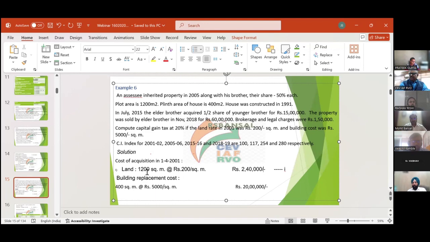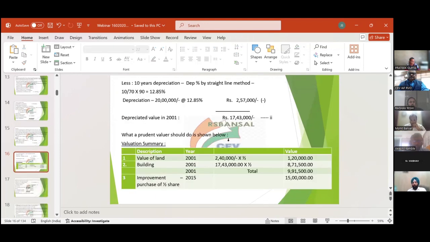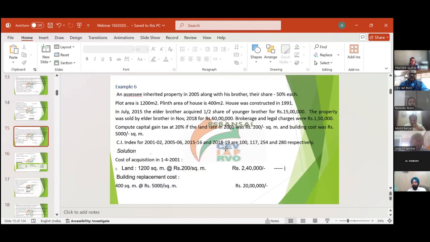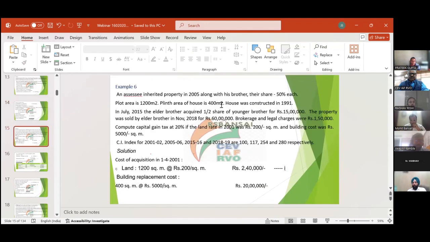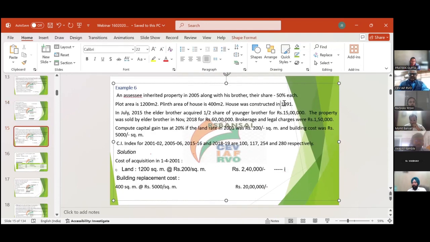Building replacement cost. For 400 square meter is the area and 5,000 per square meter is the rate. So 400 into 5,000, 20 lakh is the building replacement cost. So now we can apply depreciation. It was constructed in 1990. We are calculating value in 2001.